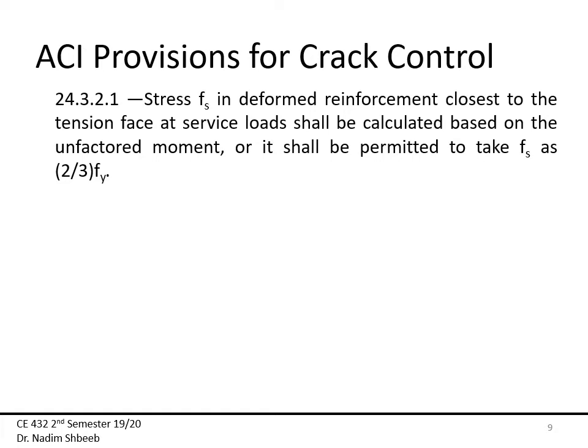Okay, now going back to the calculated fs. So fs is at the reinforcement closest to the tension face. What does that mean? If this is the bottom of my section, and let's say I have one layer here, another layer here and another layer here, my fs will be calculated for the last layer, the one closest to the tension face, even if I have a third or fourth layer.